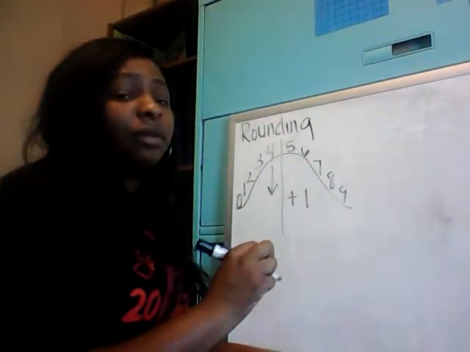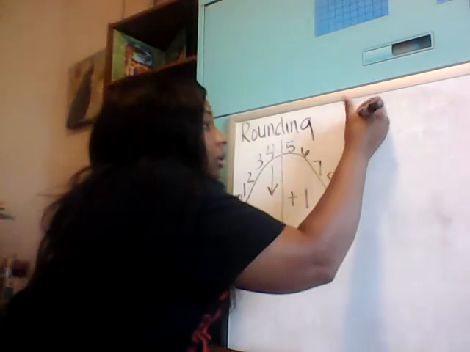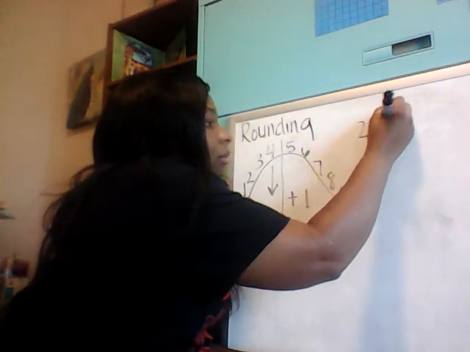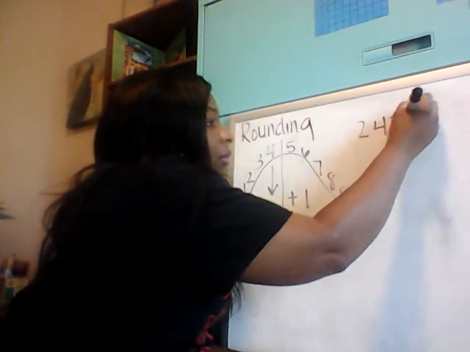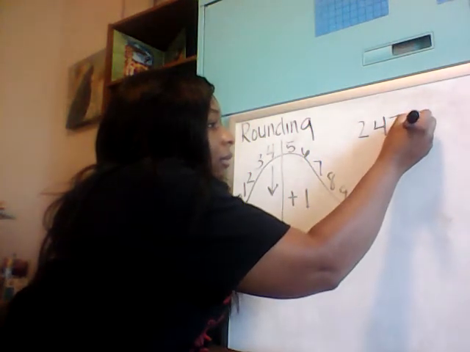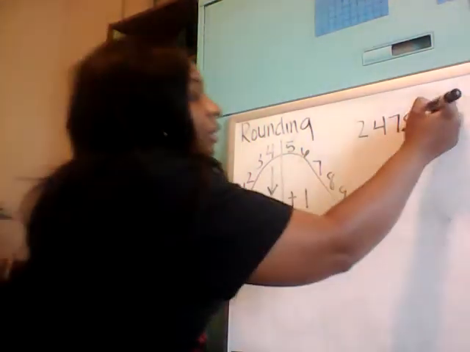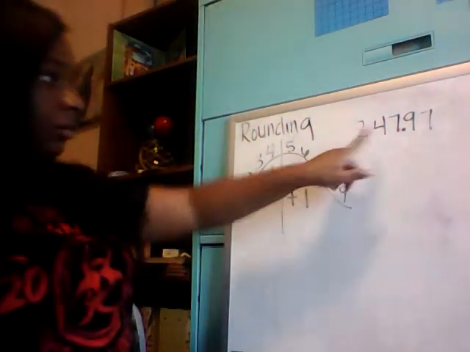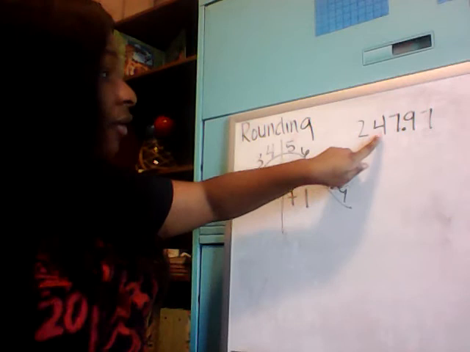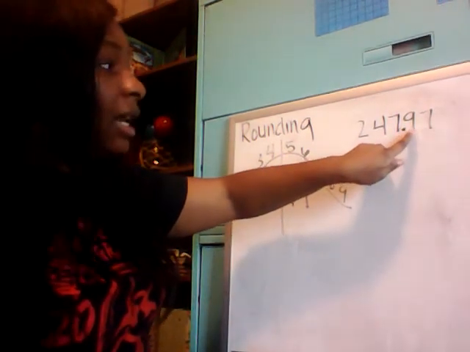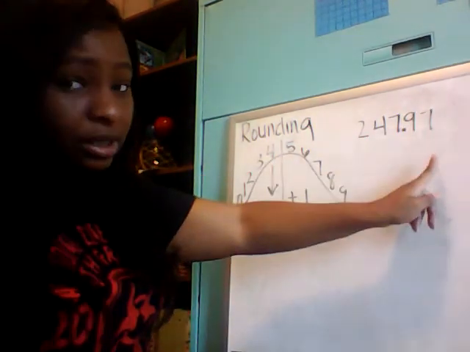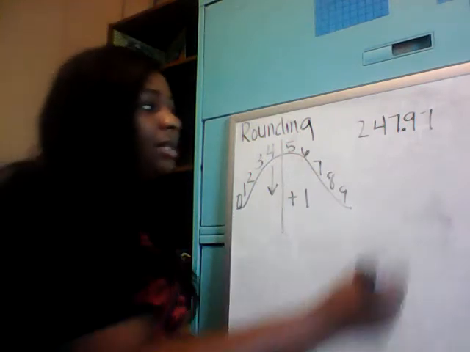So if we are rounding decimals, let's say we are going to round 247 and 97 hundredths to the nearest tens place.